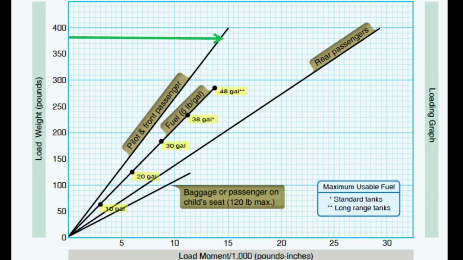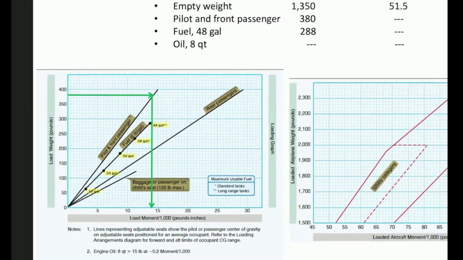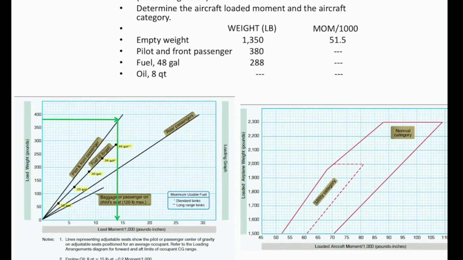We draw the line all the way across to front pilots and passengers. That intercepts right there. And then we take this straight down and that gives us a moment of about, I get 14.